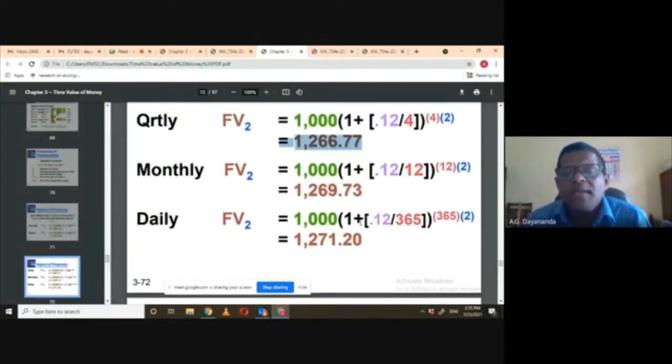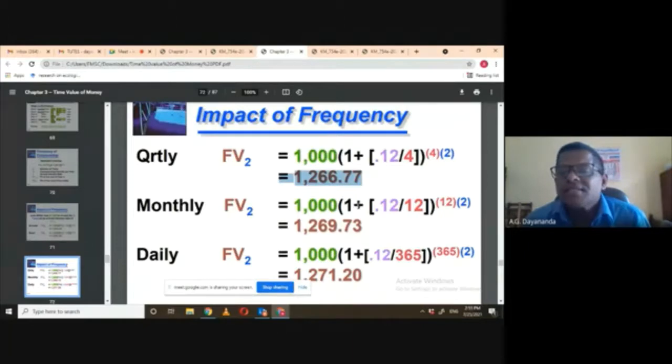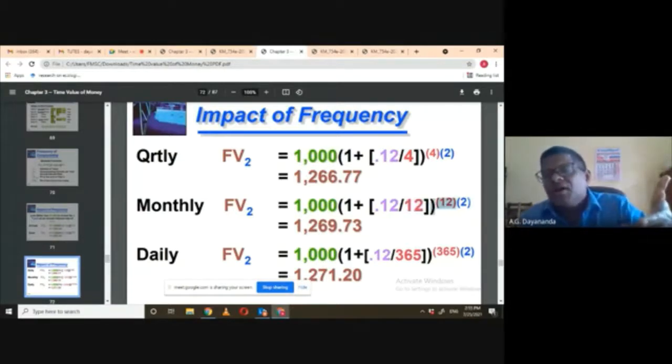And if you calculate the monthly, your answer is this. See here? Monthly, you divide by 12, you get 1% interest per month. So for 2 years, 24 times.